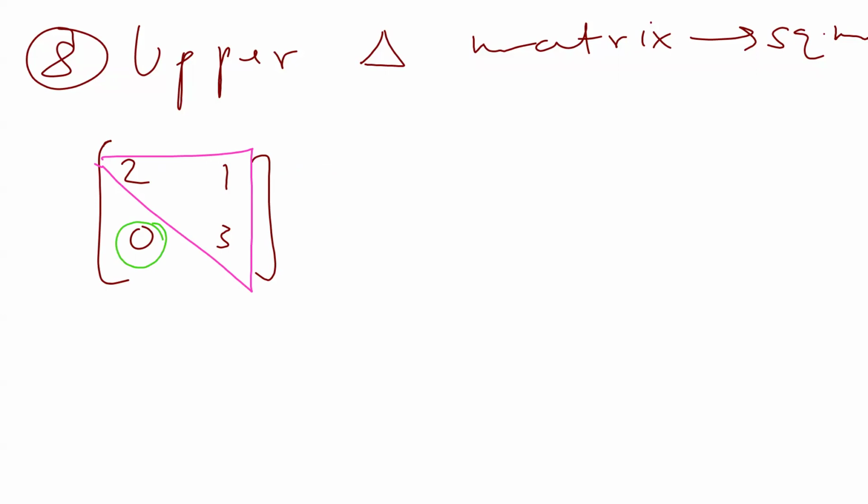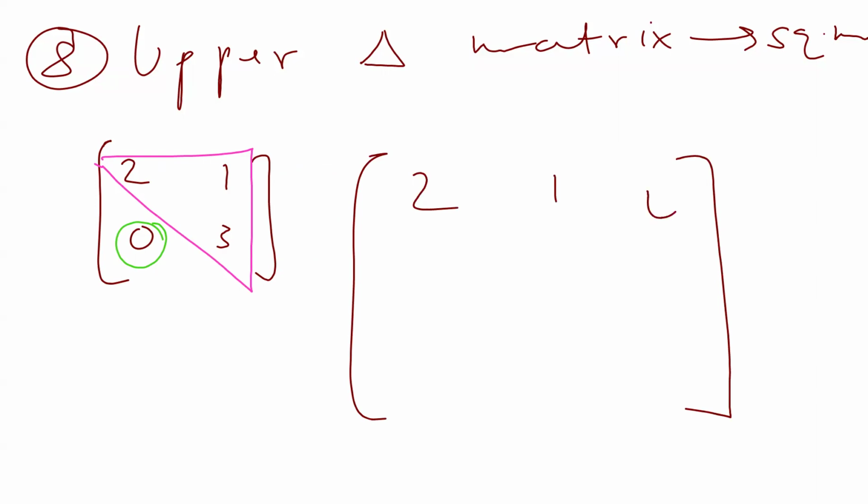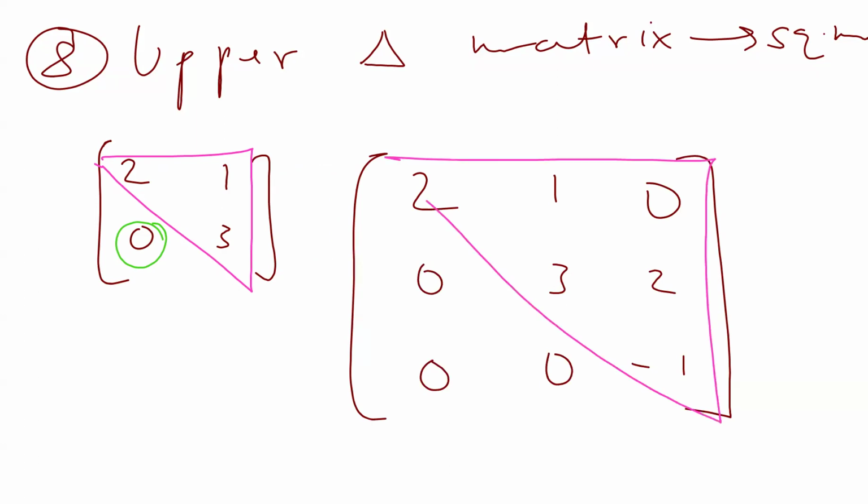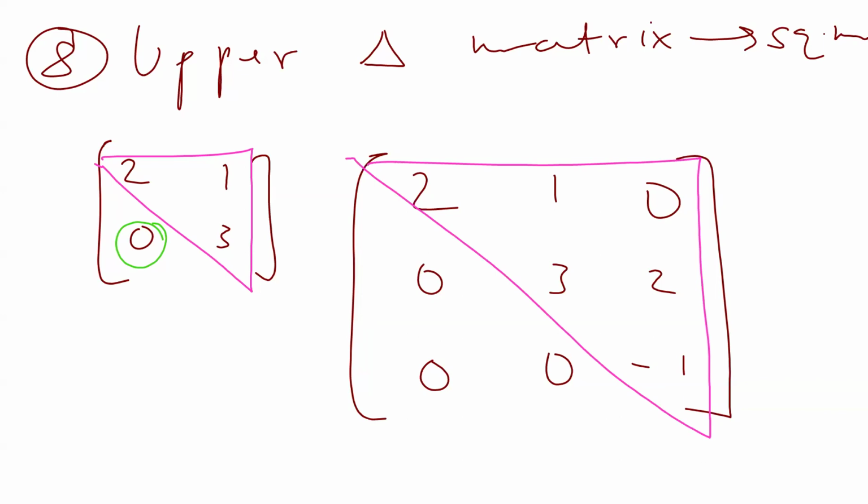Within the pink colored part, it can be zero or non-zero. In the pink colored part, this is a triangle formation. This will be zero or non-zero. But then these three will be zero. So these are the examples of upper triangular matrix.